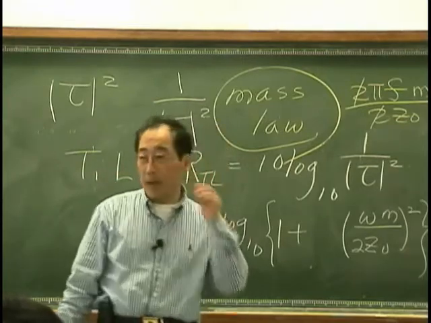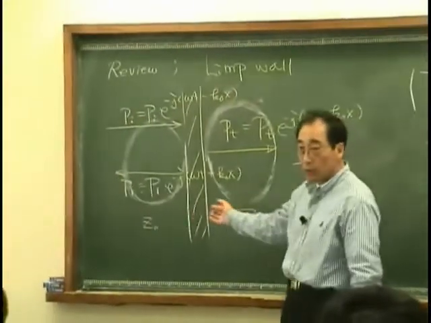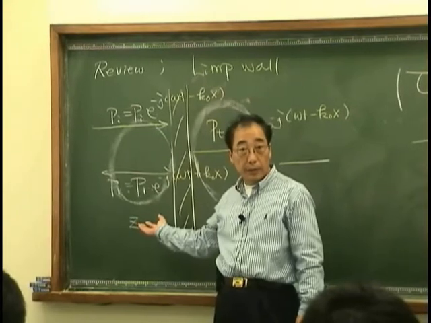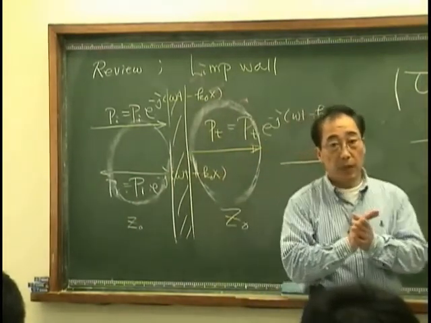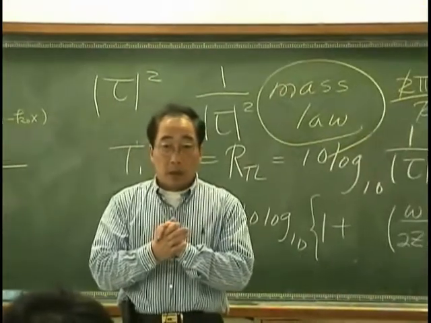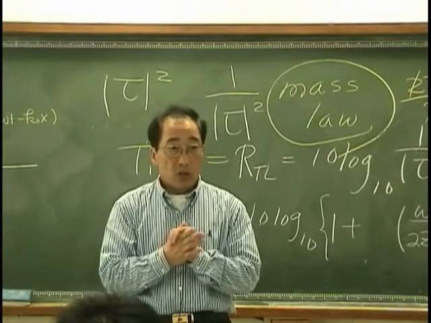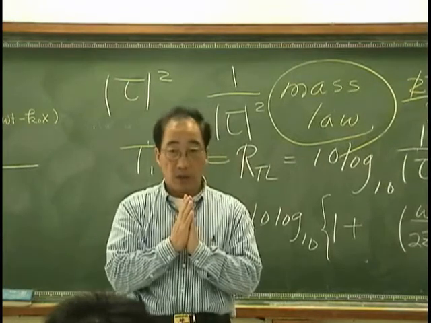Okay, let's summarize what we learned today. We start with a very simple case, the plane wave case, but the assumption that has to do with the plane wave is not just asking us to handle a very flat surface.